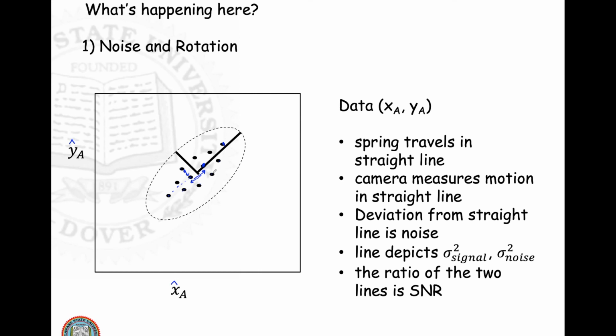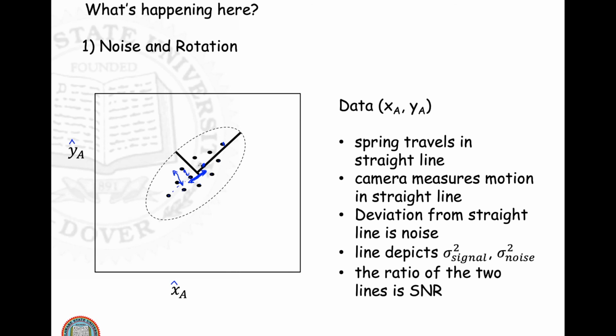And so if we looked at the variance associated with this axis and the variance associated with the other axis, we can see that the principal or the primary variance, that's our signal, and the secondary variance for the other axis, orthogonal, that's going to be our noise.